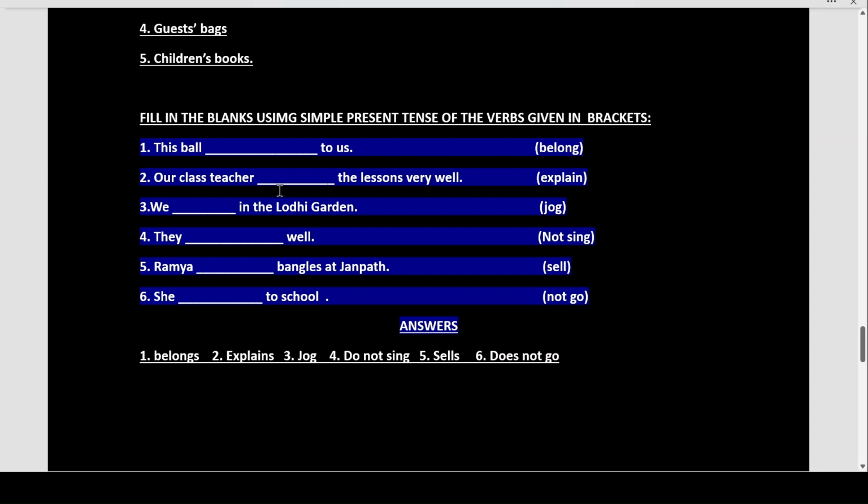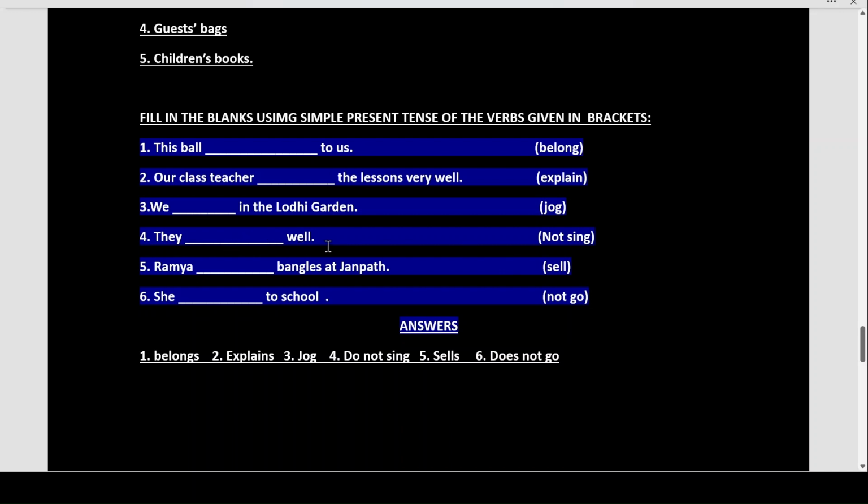Our class teacher explains the lessons very well, because class teacher is singular and it is followed by the singular verb explains. We dash in the Lodi garden. Jog. We jog, because we is a plural subject followed by plural verb jog. They dash well, not sing. They do not sing well.